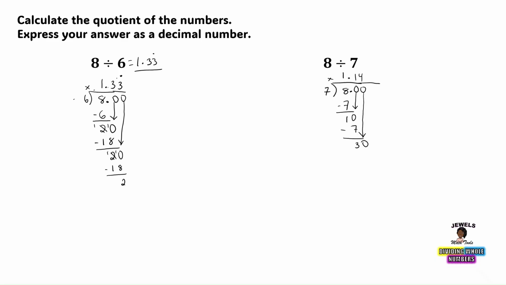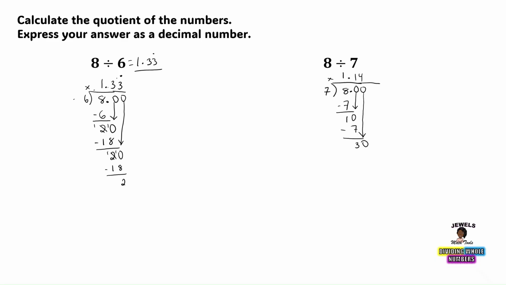So 7 is one of those numbers that you will typically have to leave your answer to a particular decimal point, unless you're indicated that you are to continue dividing, which in most cases with 7 won't happen unless the number divides out completely. But you may be asked to leave your answer to 1 decimal point, 2 decimal points, or 3 decimal points.